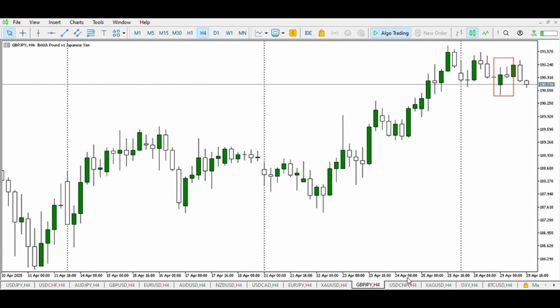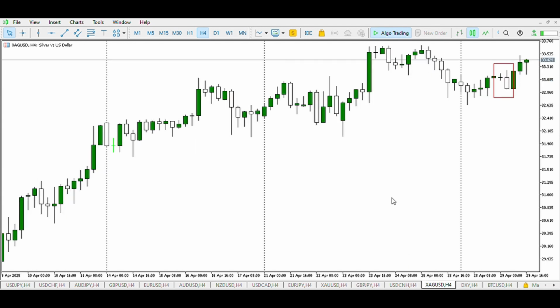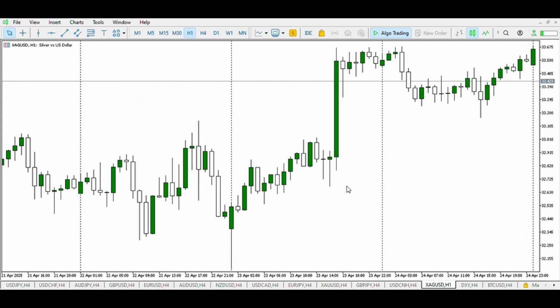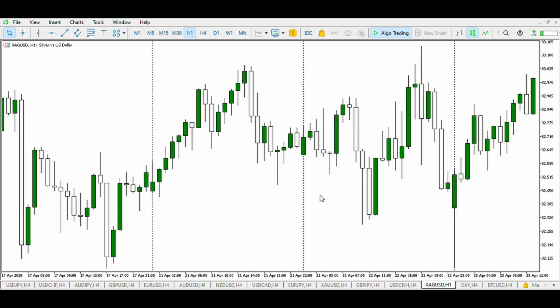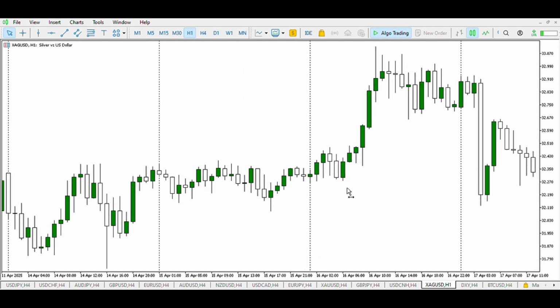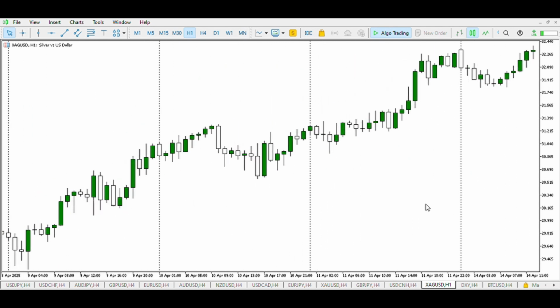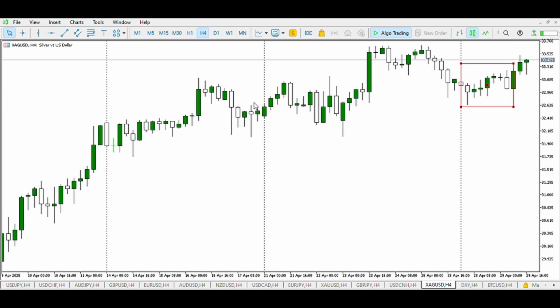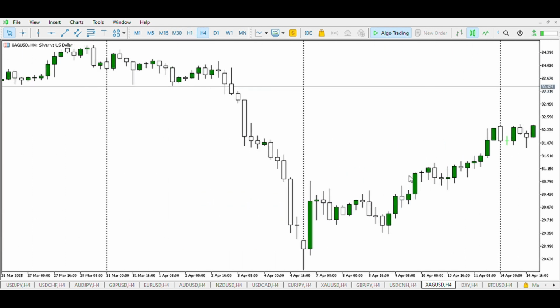Let's go to silver. You can scale down to the 1 hour. So once you see a very large candle forming around your pattern, you don't have to panic.